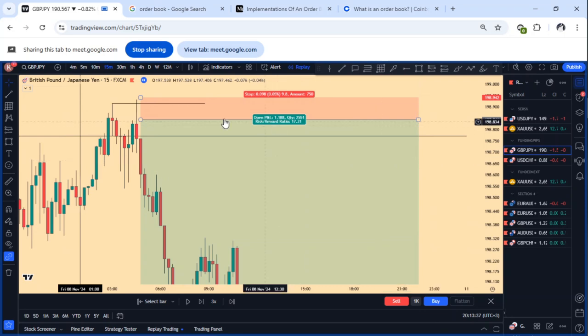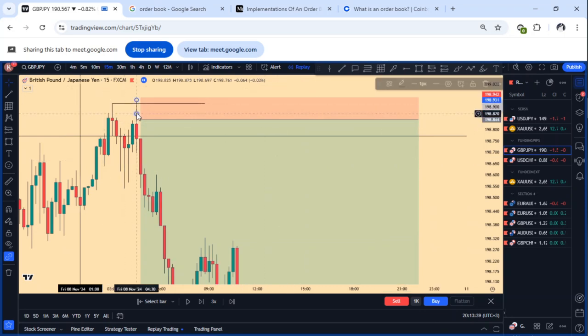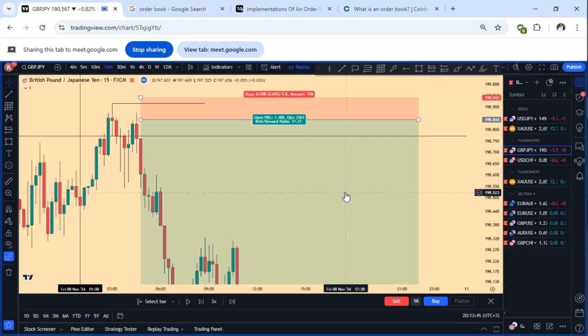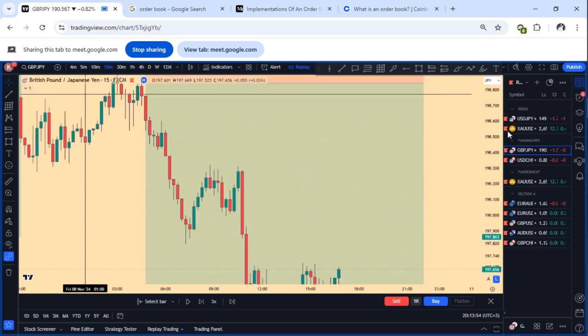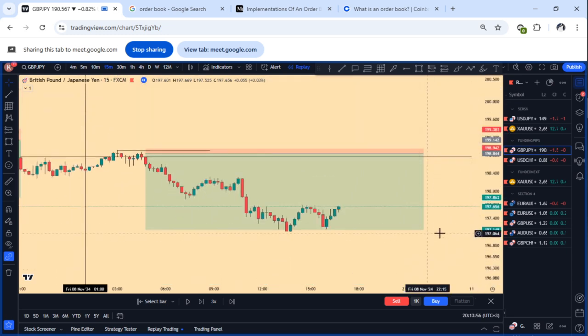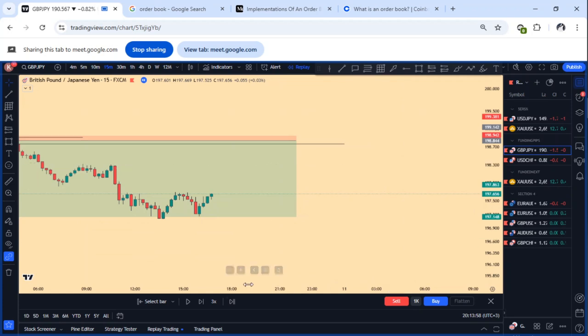When I'm wicked out and the direction is right, even if it wicks me out somewhere there, then immediately it gives me a double close on 15 minutes or 5 minutes. I'll be in immediately, and in no time I've already taken my profits. So personally, that is how to trade this strategy.